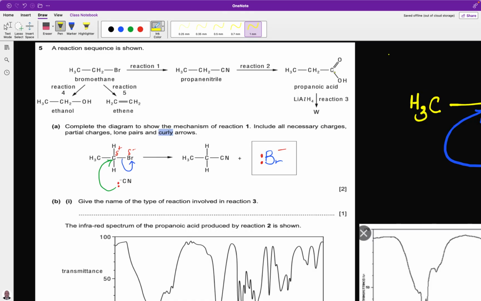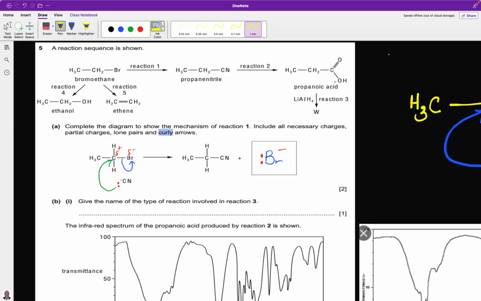If it was ethanoic acid, for reduction, we will have ethanol. If it was butanoic acid, we will have butan-1-ol. So this is an acid that has been reduced using this reducing agent to its primary alcohol.